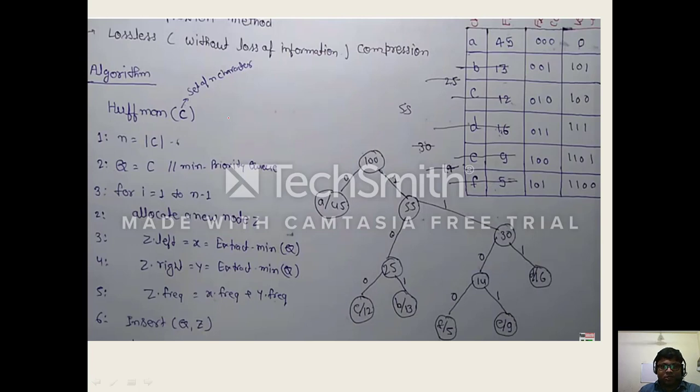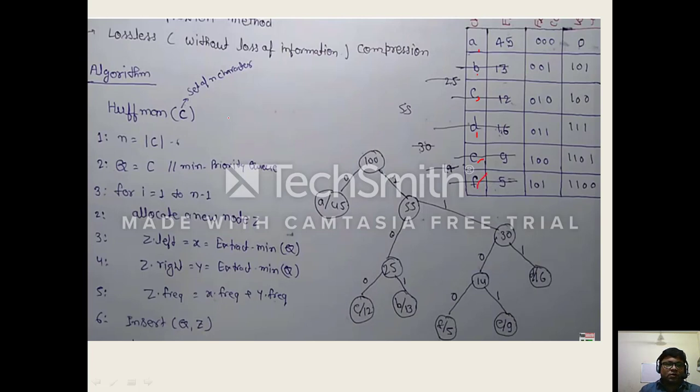Imagine, look at this picture. Imagine we are given a file in which there are 6 symbols, A, B, C, D, E, F. The occurrence of A is 45 times, B is 13 times, C is 12 times, D is 16 times, E is 9 times, F is 5 times.